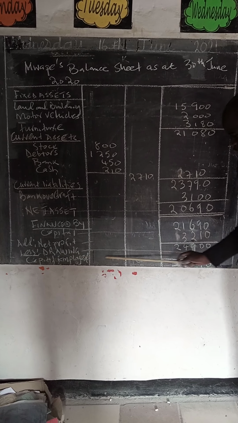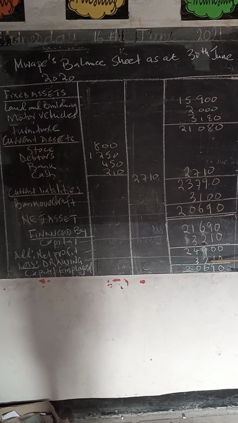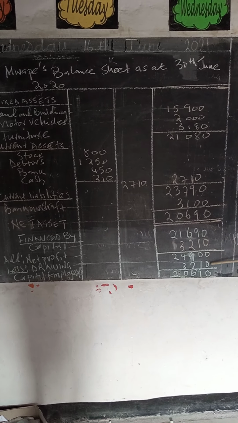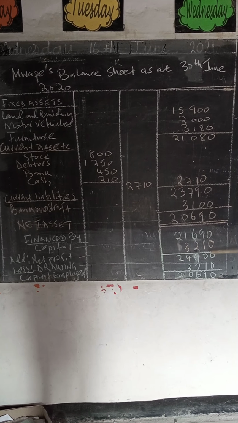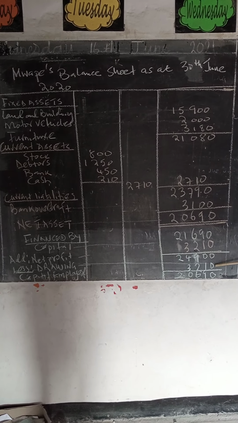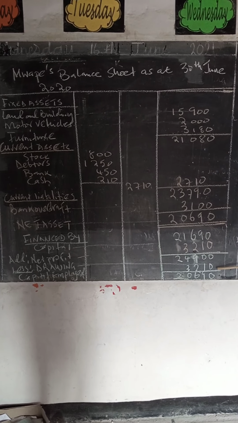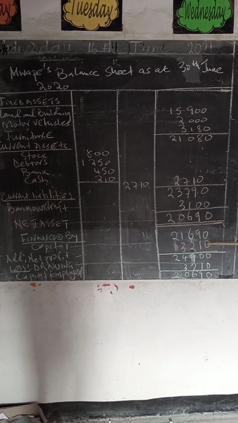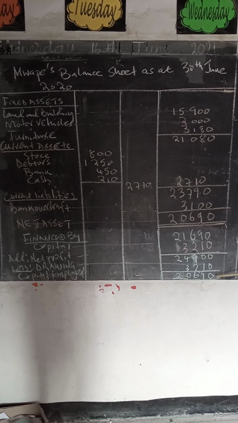Then finally, you shall say less drawings. You subtract your drawings. The drawings here, we had 3,210, which coincidentally was the same figure as the other one. These are drawings, which is different from the other one, but the fortunate part is that the figures were the same. So after subtracting, you find 20,690.